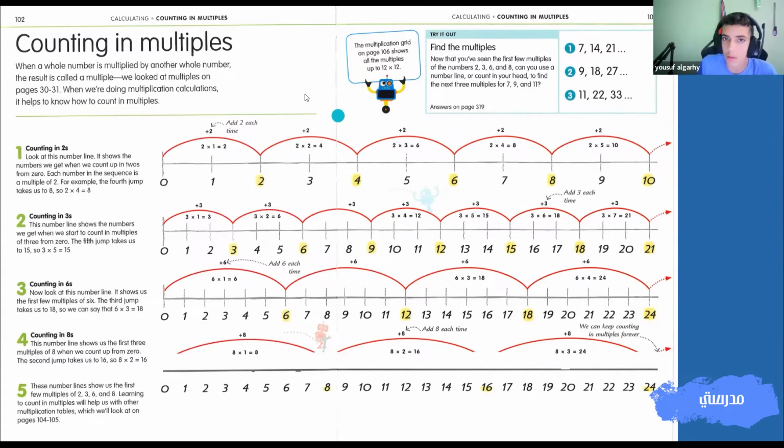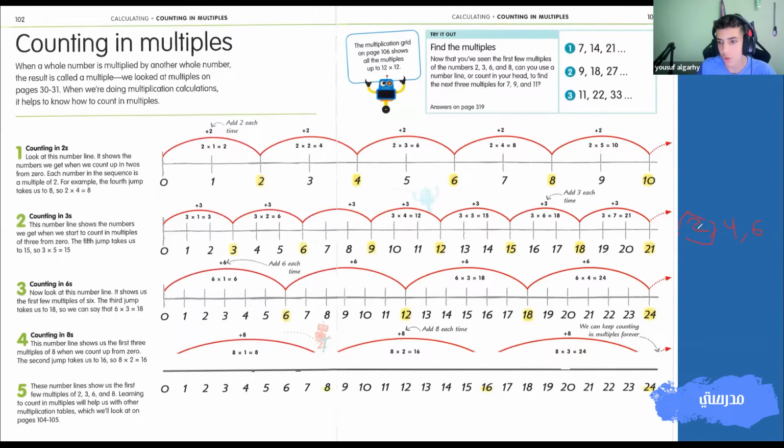Let me try to write it out, maybe that'll help a little bit. Let's use these 3 numbers: 2, 4, and 6. All we're doing is adding 2 to 2, which equals 4, and then adding 2 to 4, which equals 6. And that's how you count with multiplication. You just keep on adding that original number to whatever number you have.